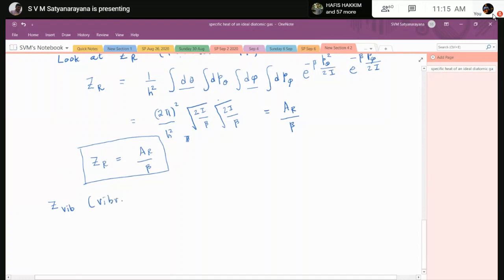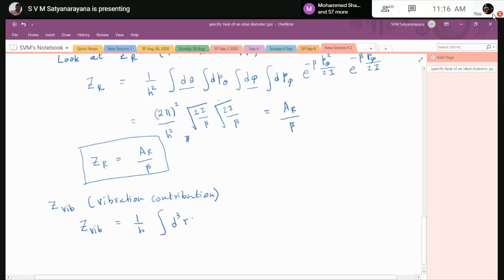So for this vibrational contribution, let me write down Z vibration, which will be like 1 over h times the integral.